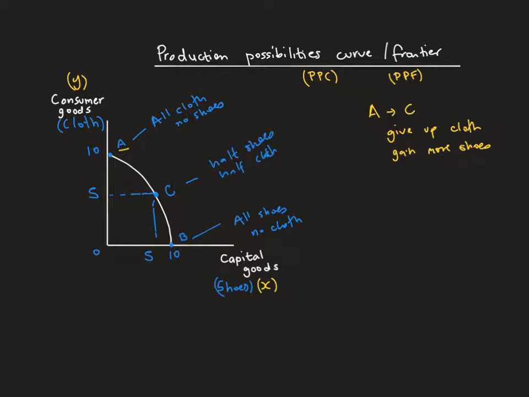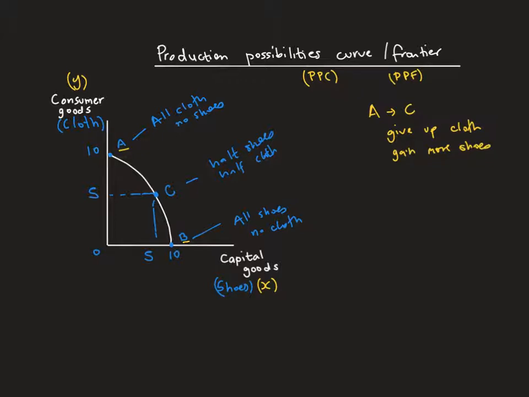But what happens if we were at point B? Now we're using all our resources to produce shoes, but we want to give up some of that shoe production in order to gain more cloth production, because maybe people are demanding more cloth in a certain area or in the world, and you want to try and meet that demand.